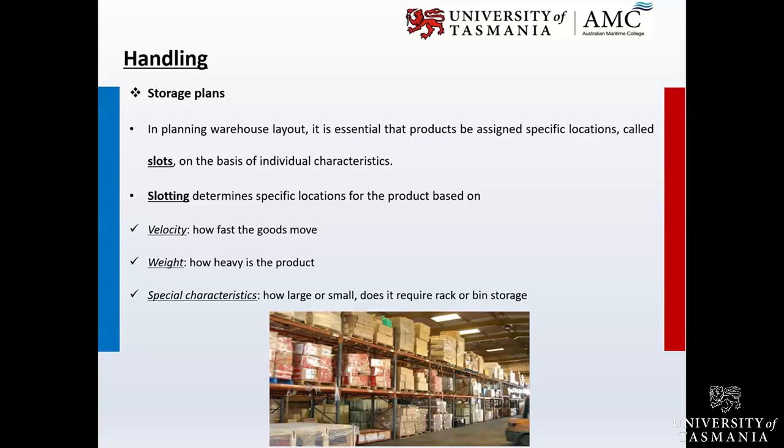Velocity means how fast the goods move, and the second factor is weight. How heavy is the product? Also, the slotting depends on some special characteristics. For example, how large, how small, slotting.